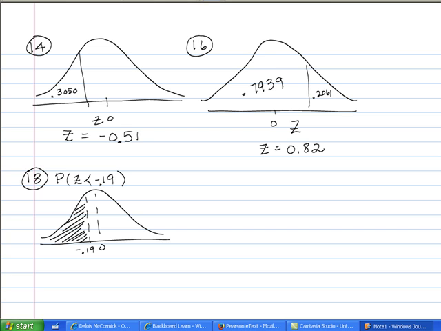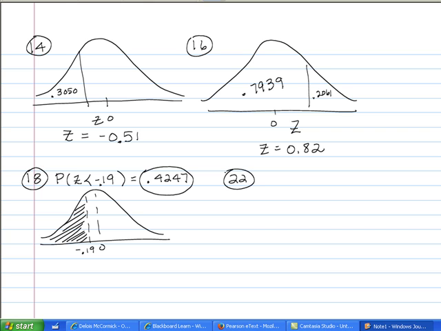Greater than 1.82. Okay, 1.82 is on the positive table.